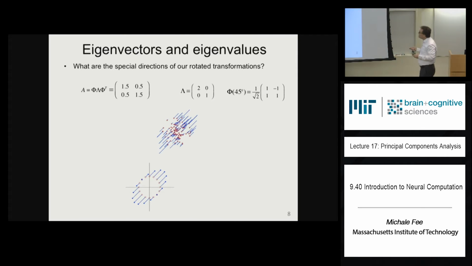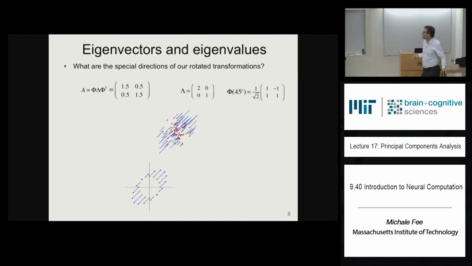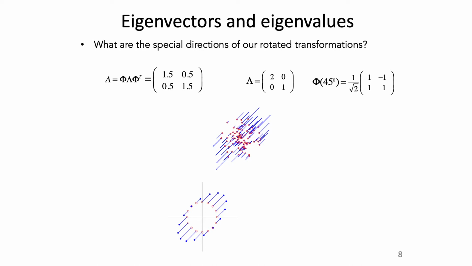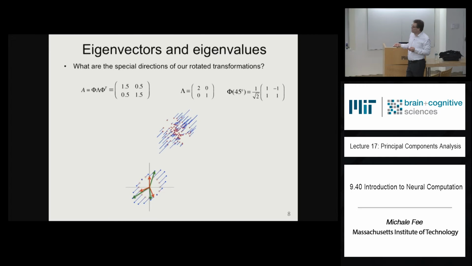Okay? So let's see what the special directions are for this matrix transformation. You can see that most of the vectors that we multiply by this matrix get rotated. Even vectors along the standard basis directions get rotated. So what are the special directions for this matrix?